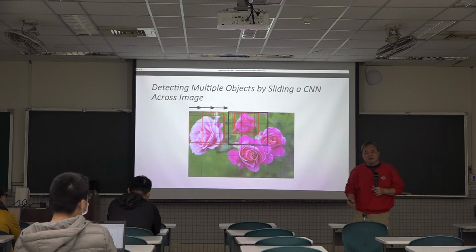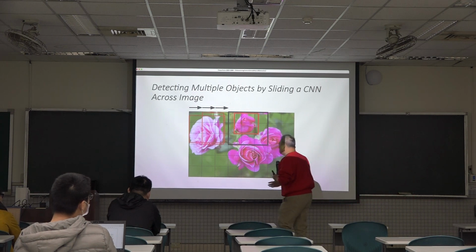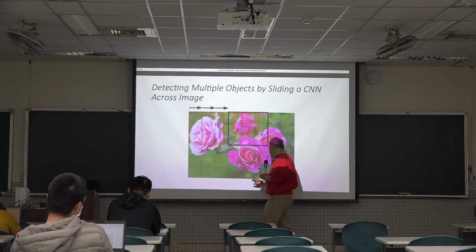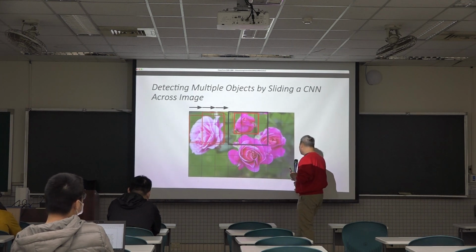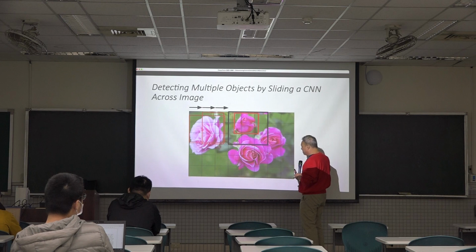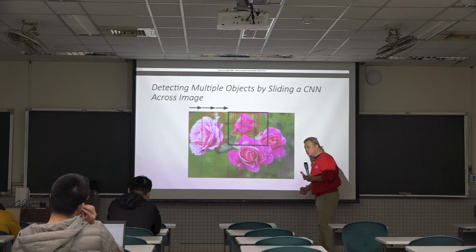So this is obviously not a good approach. Just look at how many times we need to deal with 3 by 3. When you do this, 1, 2, 3, 4, 5, 6, and this one will be 1, 2, 3, 4. 6 by 4, 24.